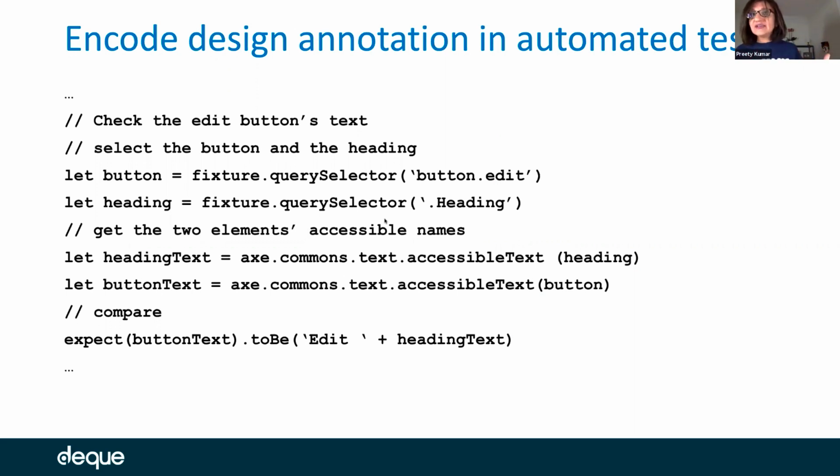What are they? And see if they're right. Compare what you're expecting to what you got. In this case, it's going to fail the test. Expect button text is going to be what the designer said, edit recipe name. But what we get back from the actual heading is completely wrong. It's just saying edit, so it's going to fail.